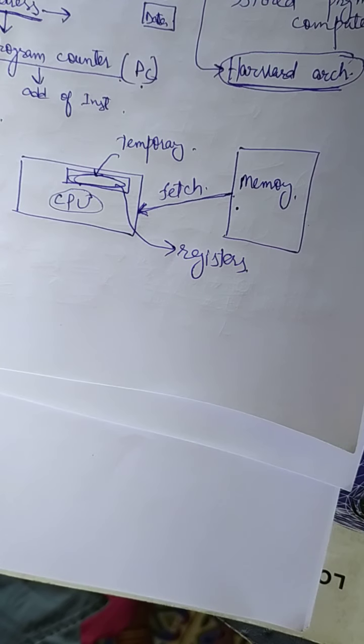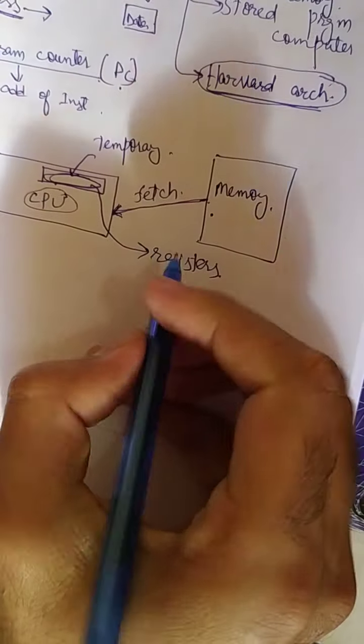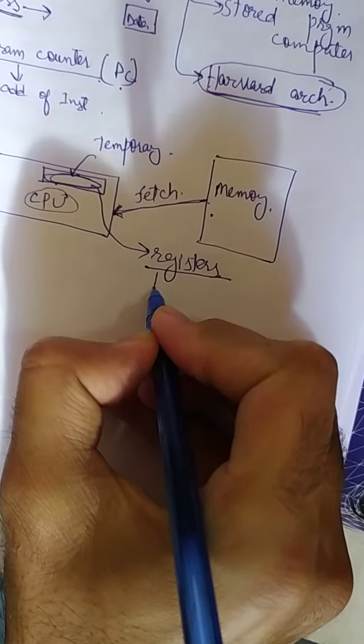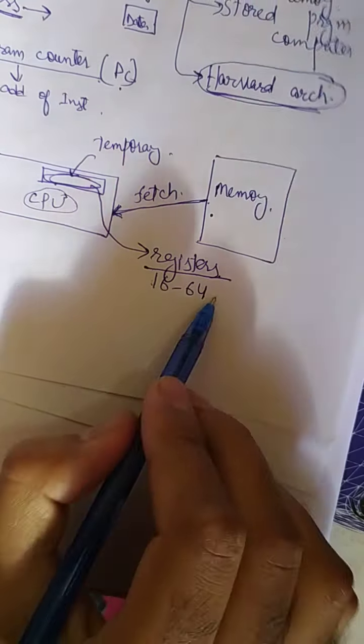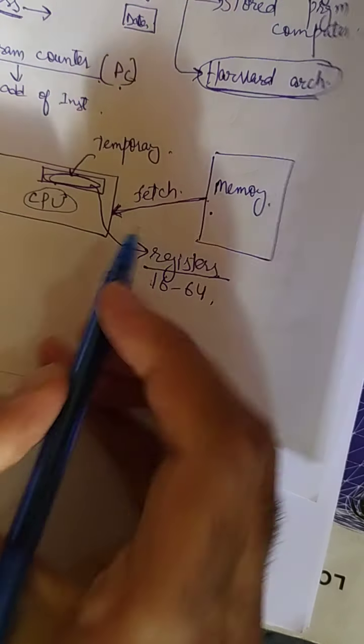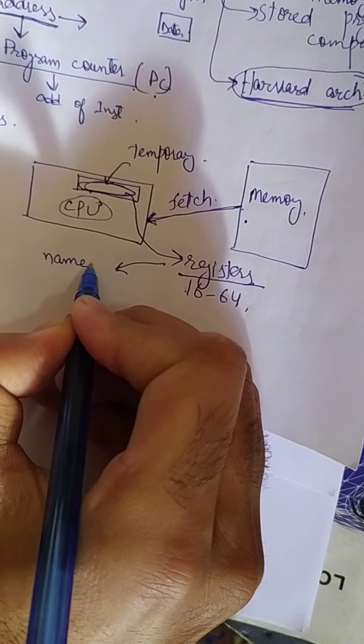So every processor has some temporary data locations which we call registers, and these are mostly 16 to 64 registers, and these registers are named.